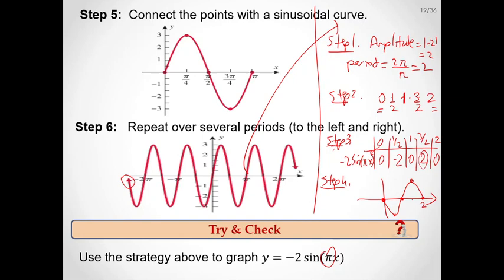So it's better you write them here. This will be 1 over 2, and this will be -2. This will be 2. Okay, so this is one full period. You can make copies of it, and it will be the graph.